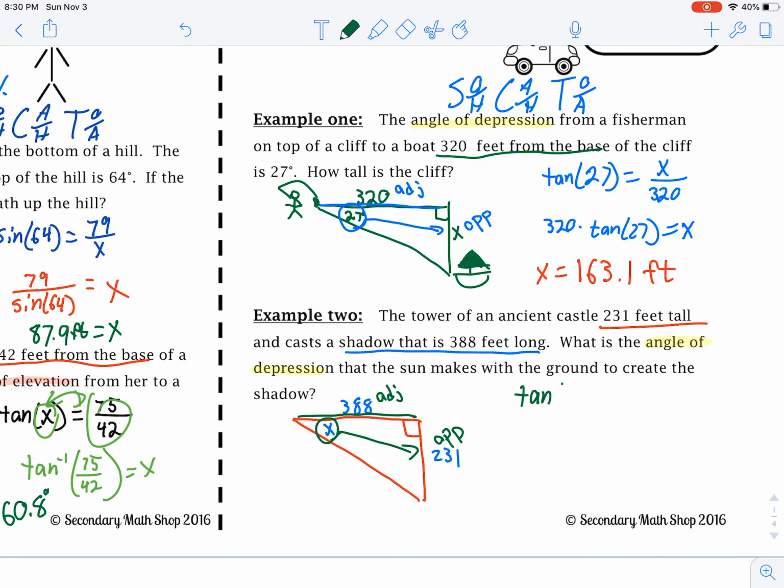Okay, where is x? Is x inside, up high, or down low? X is inside, so we use inverse. So we circle, circle, switch, switch, inverse. Okay, so 231 over 388 equals x.